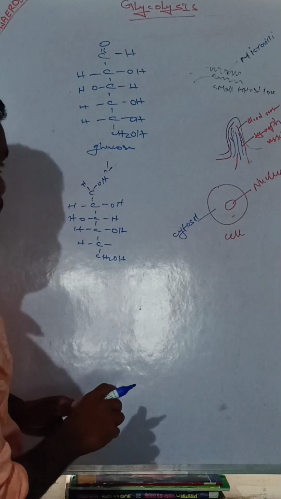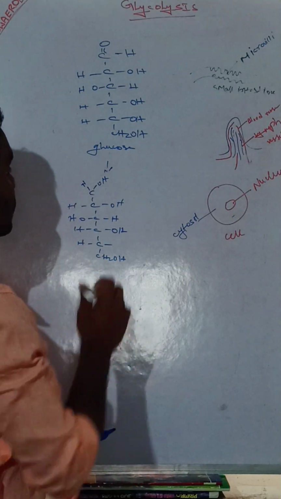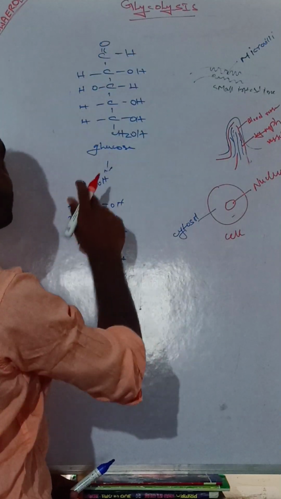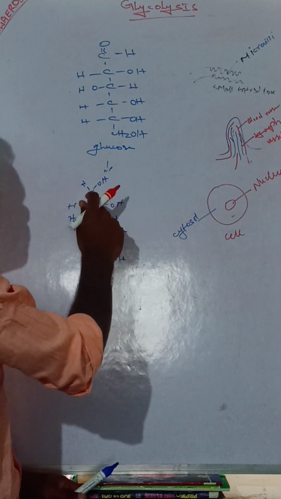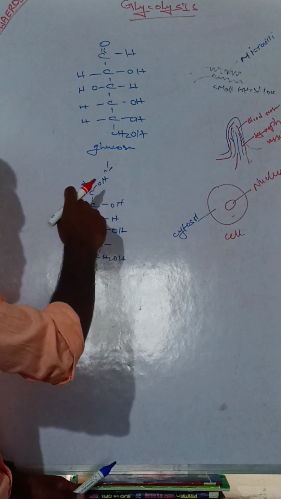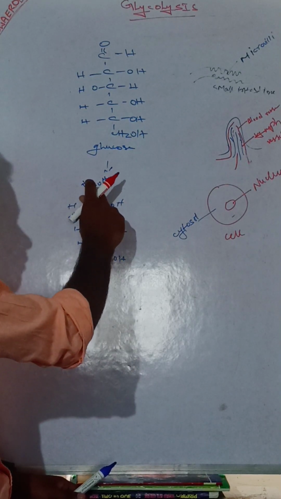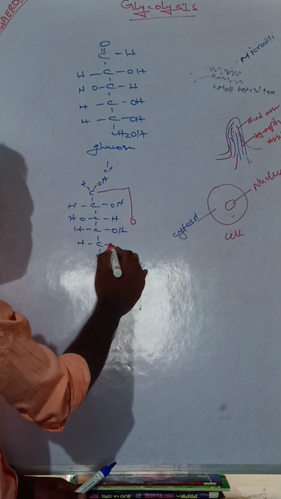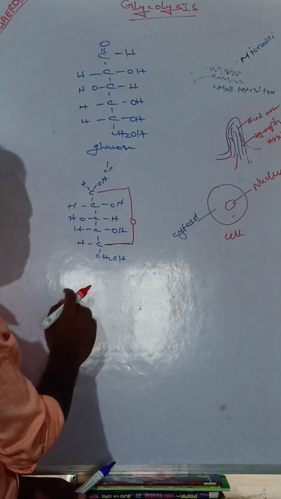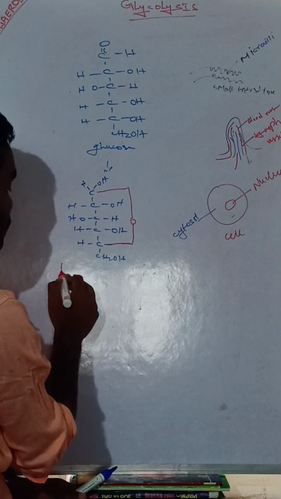Here, when the double bond breaks and becomes single, this is OH. Now what is the valency of this carbon? It can form 4 bonds, right? Its valency is 4, so now it forms a bond with this one. This is called the hemiacetal form of the glucose.